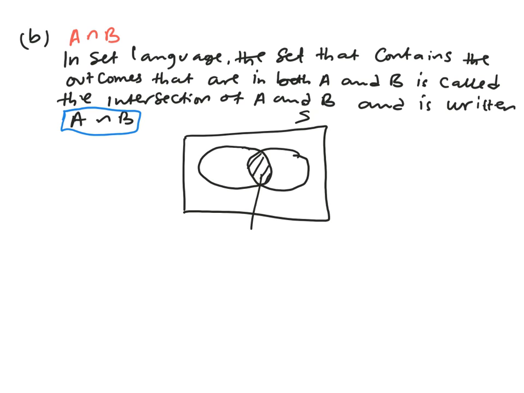This is what we call A intersection B. It means A and B. What is in both A and B is what we write in the intersection. This is set A and this is set B, living in a sample space S.